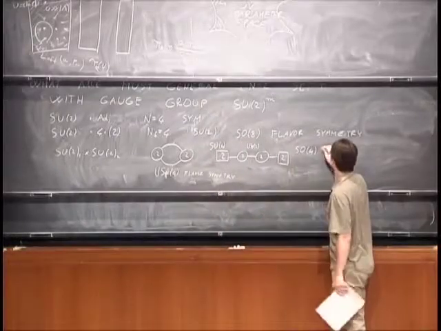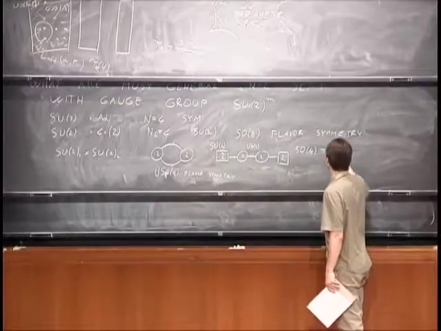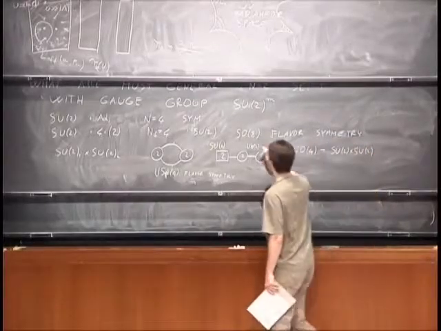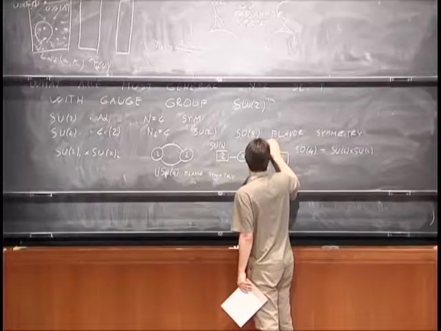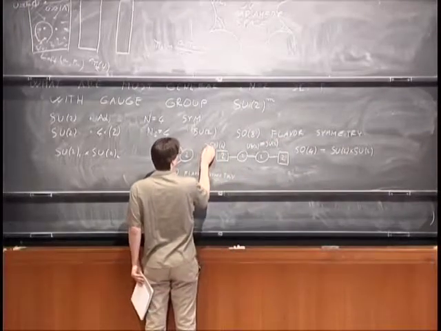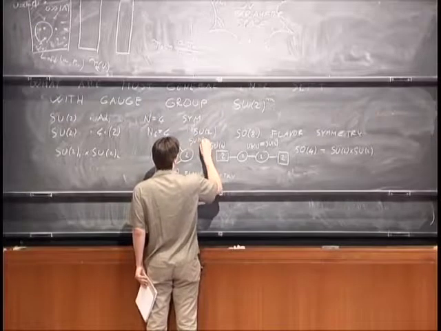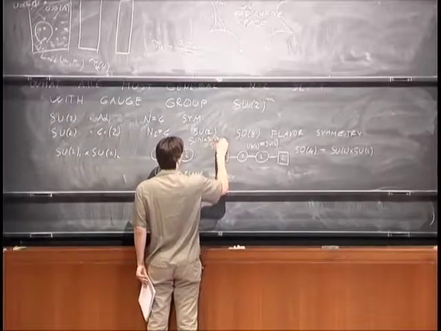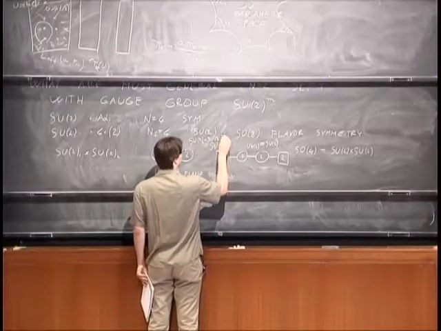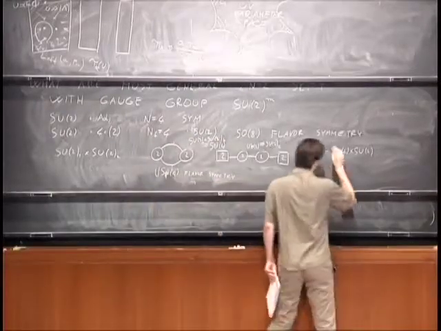Now, SO(4) is really the same as SU(2) times SU(2), and USp(2) is also the same as SU(2). So this nice theory has 5 SU(2) flavor groups.